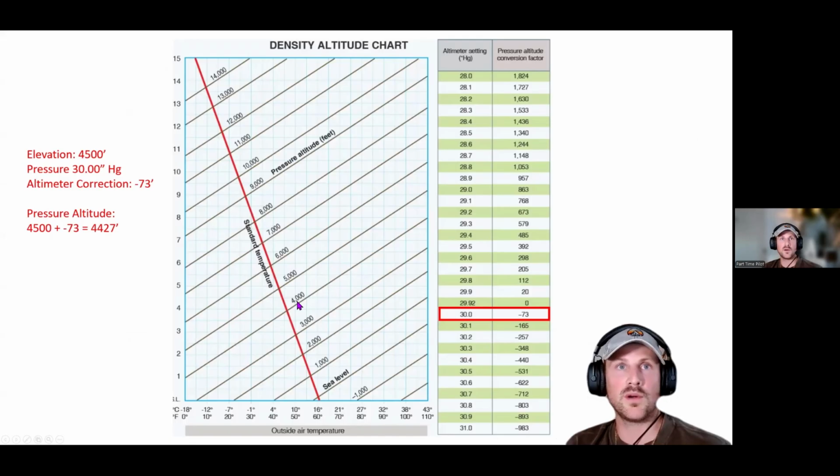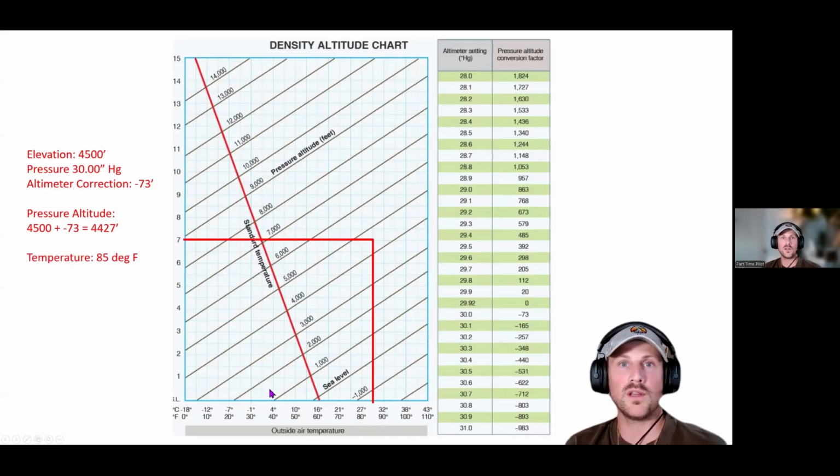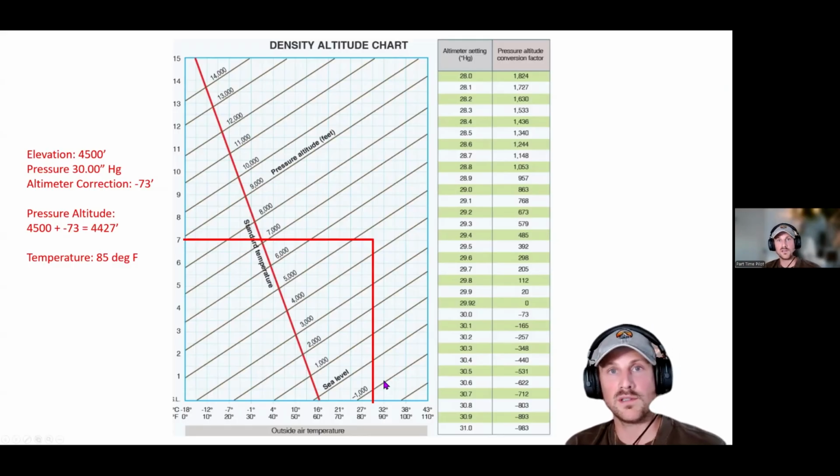So we're still going to be somewhere between 4,000 and 5,000, but where we go depends on our temperature. Our temperature has gone up by 40 degrees. So we're all the way over here now, and up at this high elevation, that's going to have a double whammy effect on our density altitude, right? Higher elevation decreases our density, high temperature decreases our density.